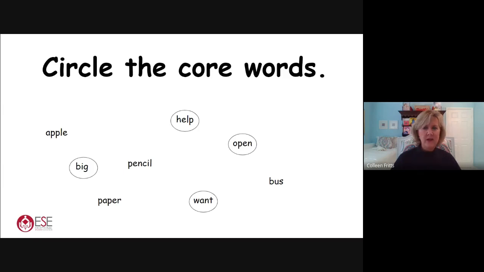So big, help, open, want are core words, and we use those words often in our messages that we communicate to one another. Now, for school, we do use the words pencil, paper, bus, and apple quite a bit, but they don't have as much weight as big, help, open, and want.